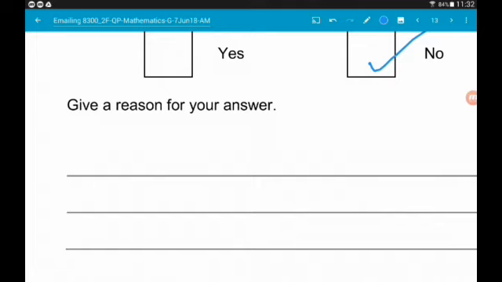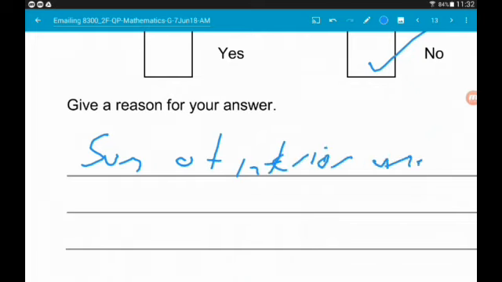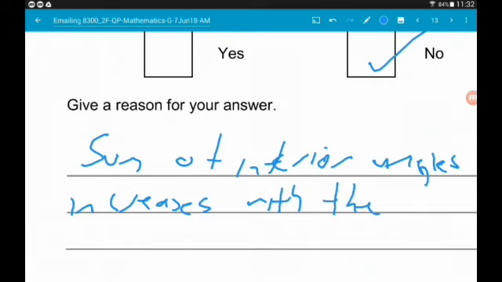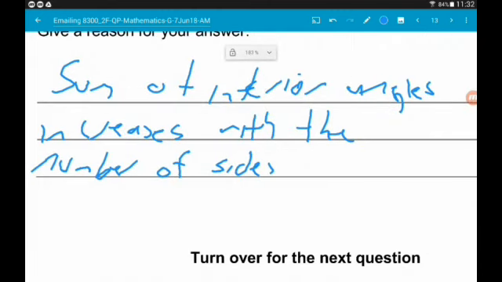The reason is the sum of interior angles increases with the number of sides and is not 360 for octagons.